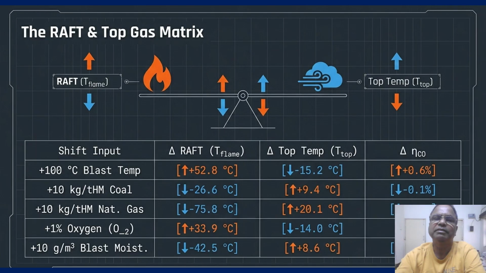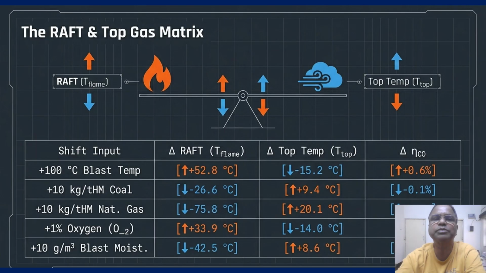Conversely, adding 10 kilograms of coal acts as a thermal sink, dropping RAFT by 26.6 degrees. This is a coupled reaction. You cannot change your fuel mix without rebalancing your heat. If you don't account for this offset, you will lose your thermal reserve zone, leading to inconsistent hot metal chemistry.